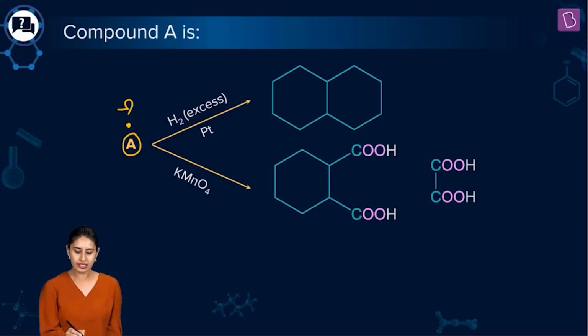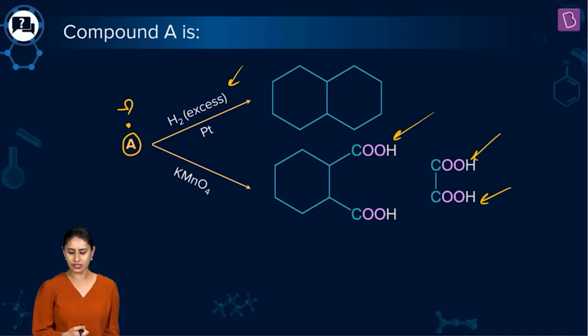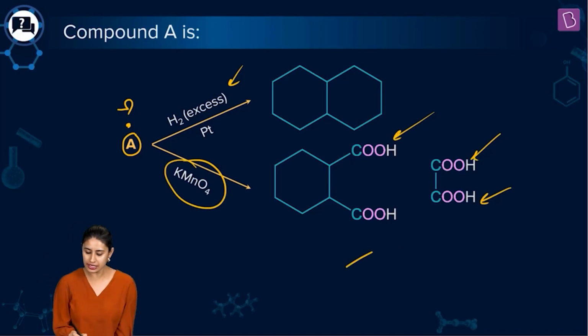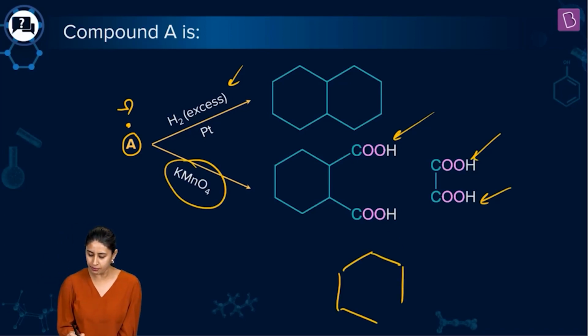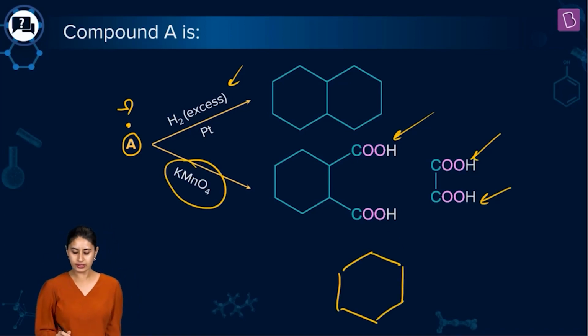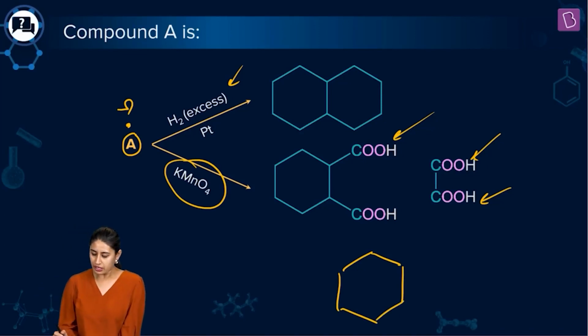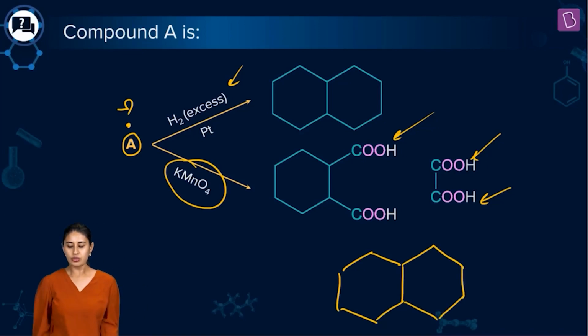So you can see that there is addition of hydrogen happening, and you're getting oxalic acid here, a dicarboxylic acid, by adding KMnO4. That means certainly there is a double bond involved. And of course, the double bond has to do with two cyclo rings fused together.